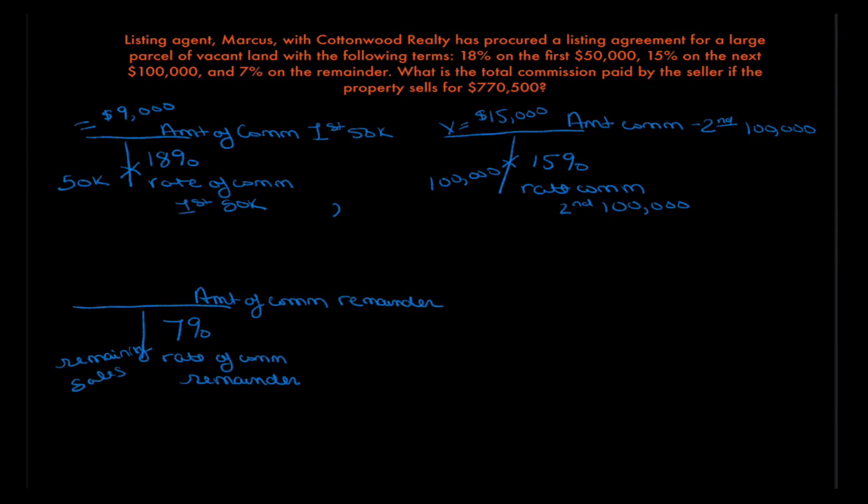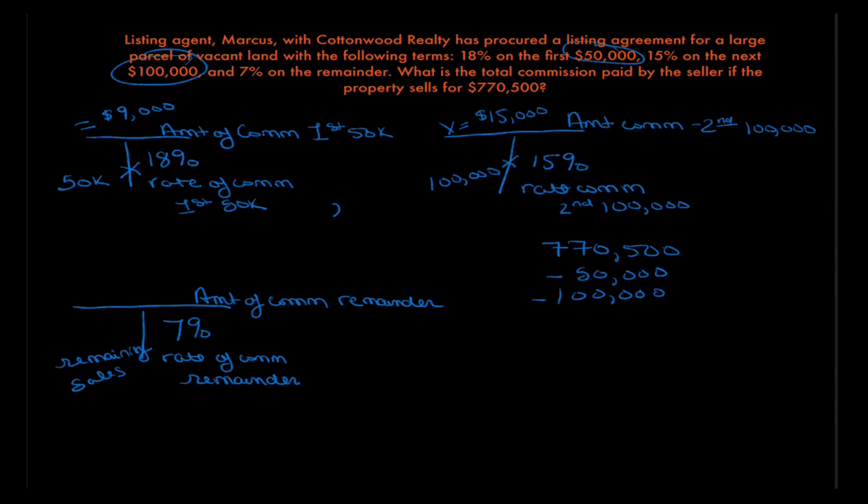So in this case, our sales price was $770,500. Well, we know that for the first $50,000, we are going to get paid the 18%. And on our second $100,000, we're going to get that 15%.